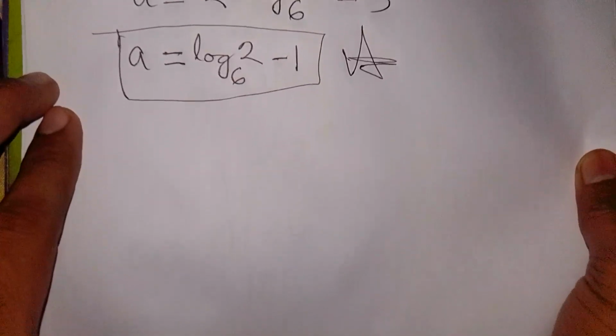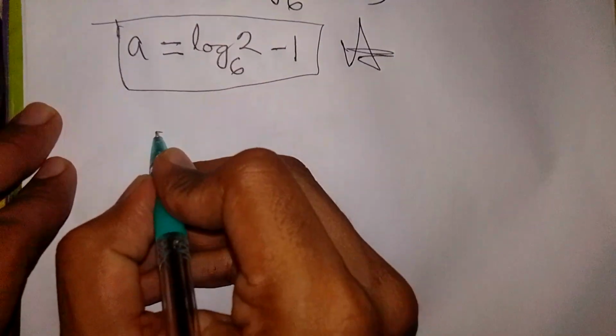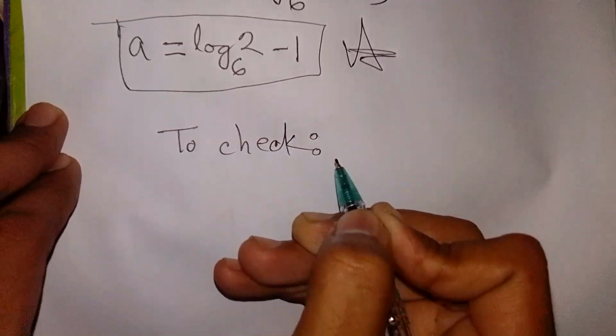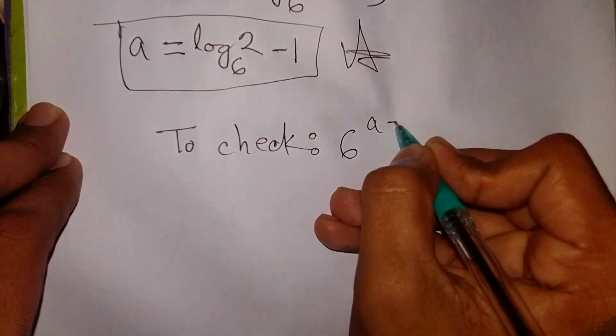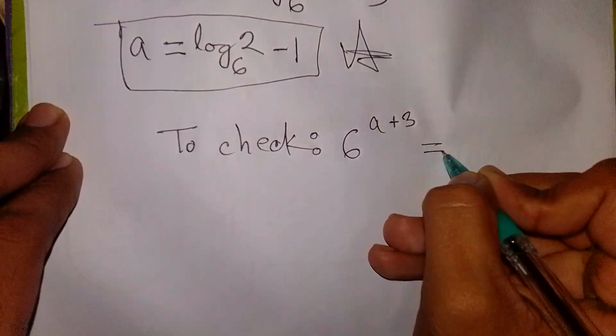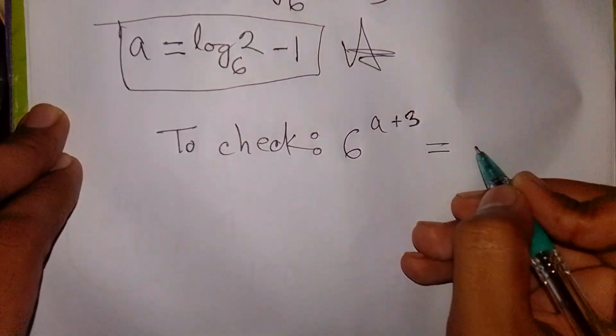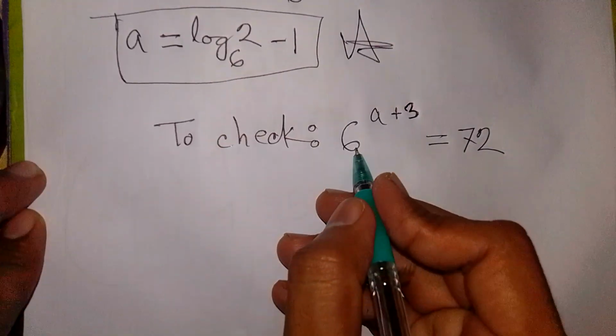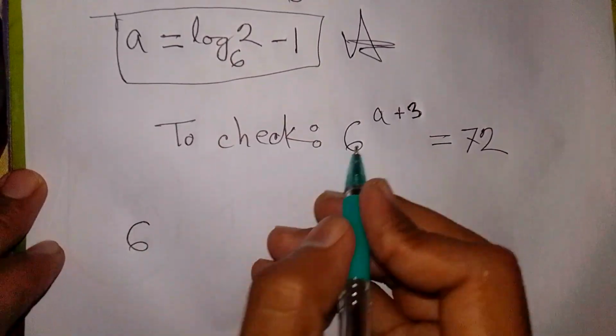Now let's check the equation. To check our equation, 6 power of a plus 3 is equal to 72. Now we have 6 power of a plus 3.